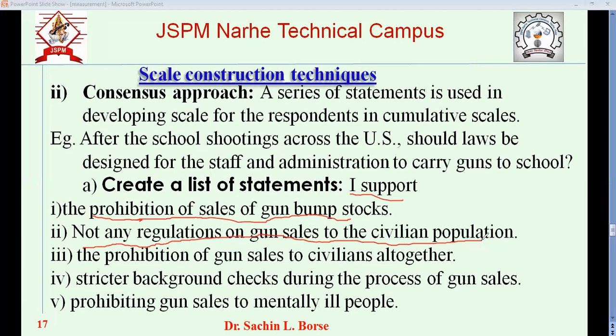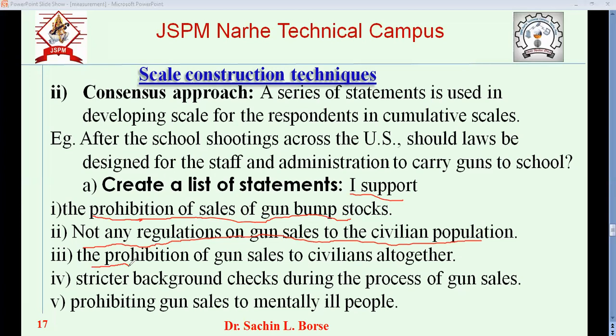The third statement is: I support the prohibition of gun sales to civilians altogether. No one should be able to purchase a gun.